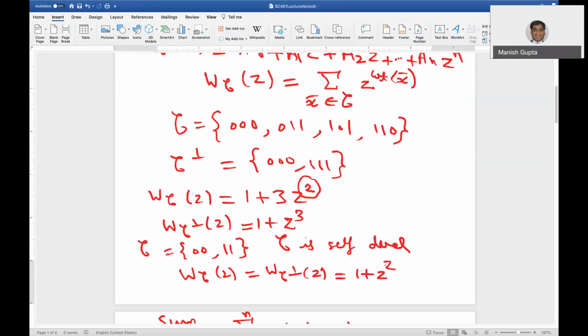So this is the weight enumerator polynomial. It captures the complete weight distribution of the code.